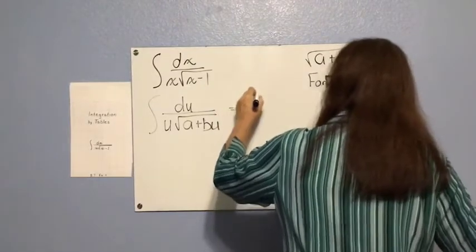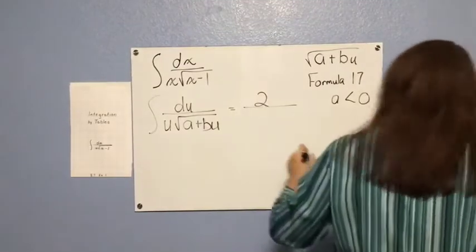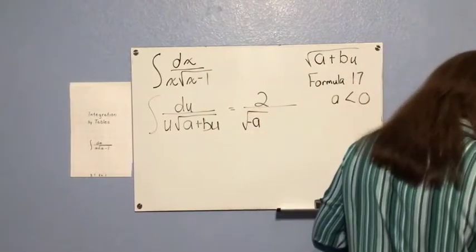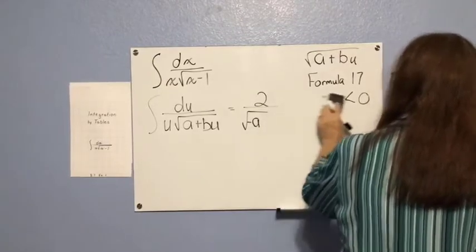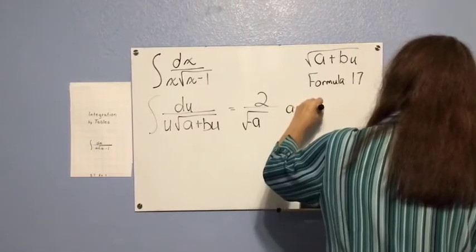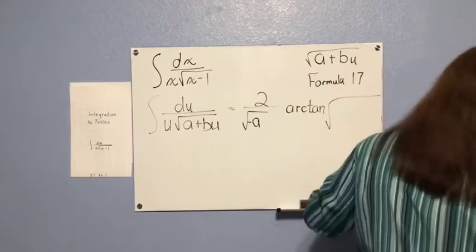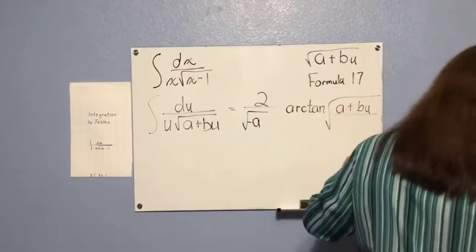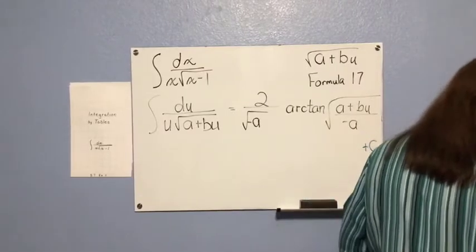And that gives us an integral of 2 over the square root of negative a times arctangent of the square root of (a plus bu) over negative a, and then of course our c at the end.